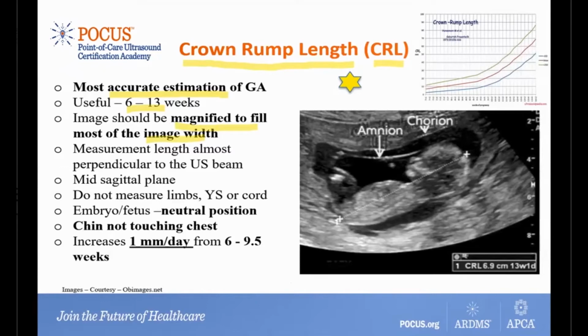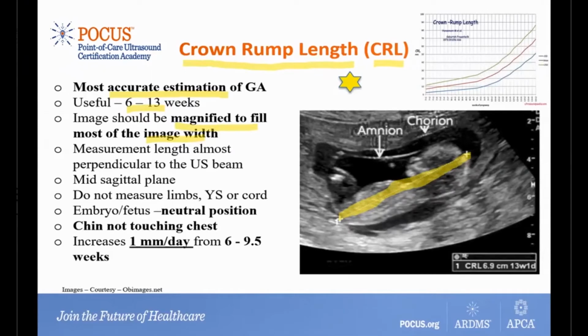The reason for that is if you make a tiny error in the caliper placement, the error would be almost insignificant. So make sure that you do that correctly. And the measurement length is this one here. It should be ideally perpendicular to the ultrasound beam.